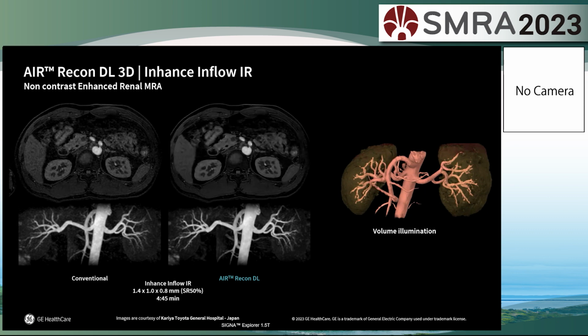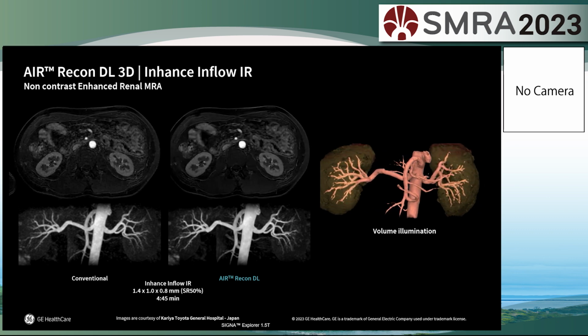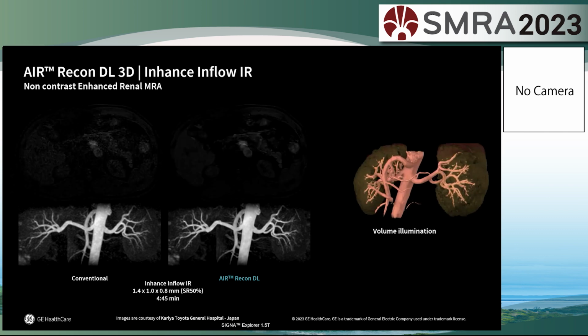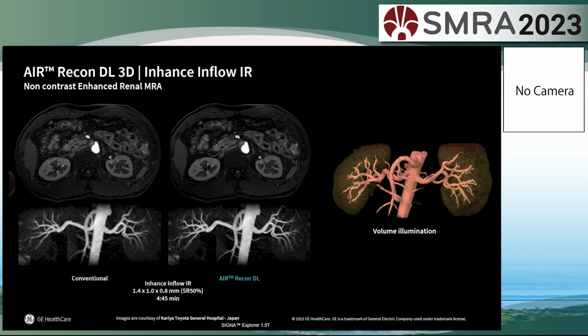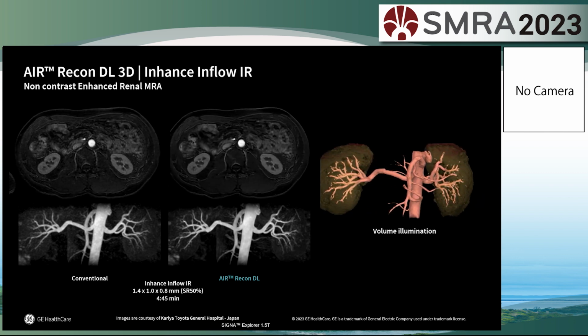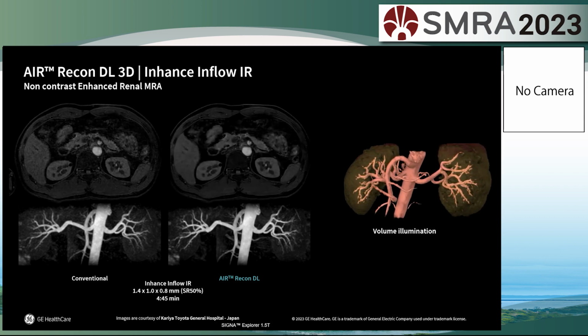And the next one is the AIR Recon DL with the enhanced inflow IR for the non-contrast enhanced renal MRA. Similarly with the previous slide, the AIR Recon DL improved the SNR and the image sharpness of the source renal MRA images, which could also help the better depiction of the renal arteries, as shown here.